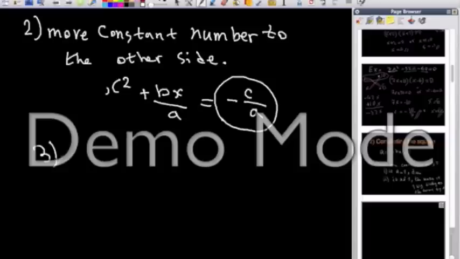So you need to complete the left hand side to the square, and write the left hand side as a perfect square. And then when you did that, you need to take roots of both sides. I will show that in the examples that we're going to have.